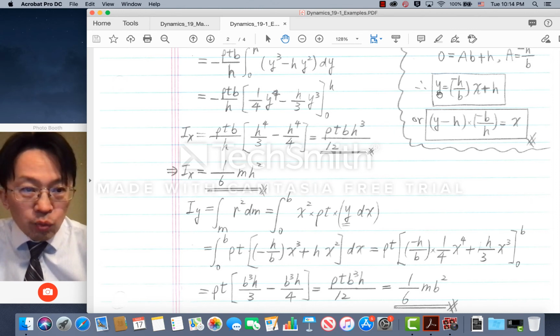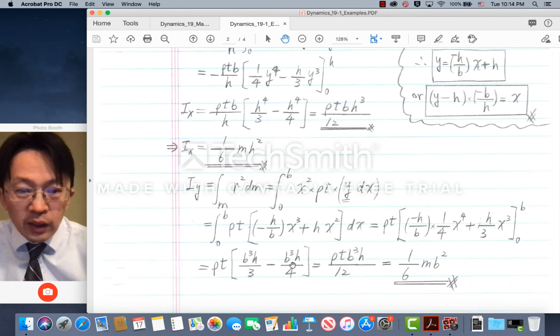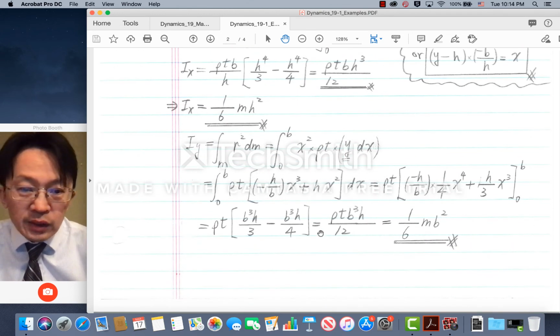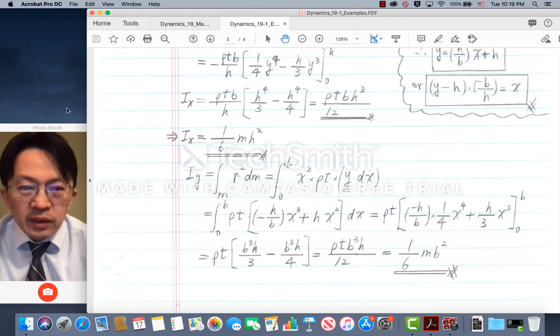And we replace y by this expression here, plug that into this integral, and carry out the integral, and the result becomes 1/12 of rho times b cubed times h. If you express Iy in terms of total mass, that can be written as 1/6 of total mass times b squared.